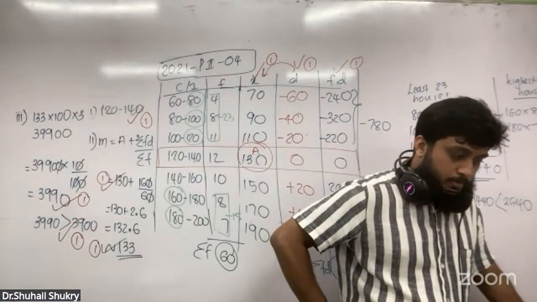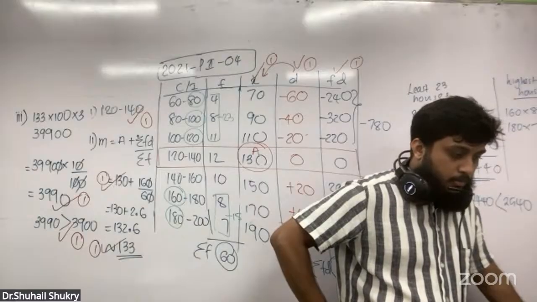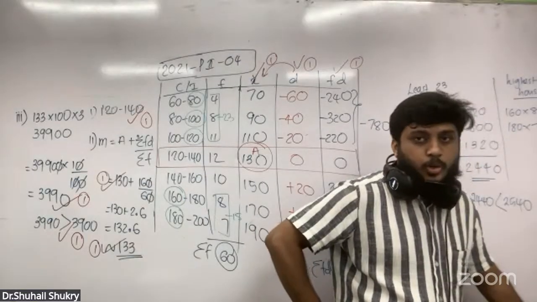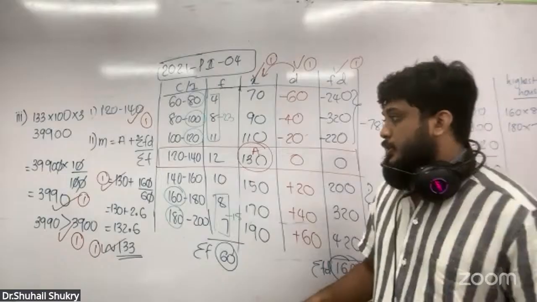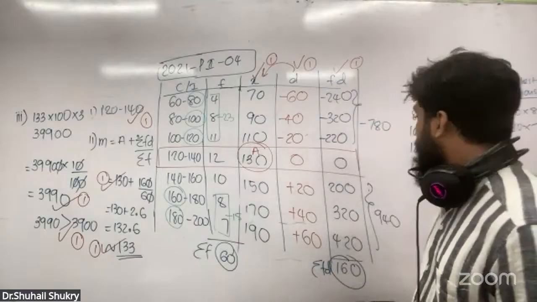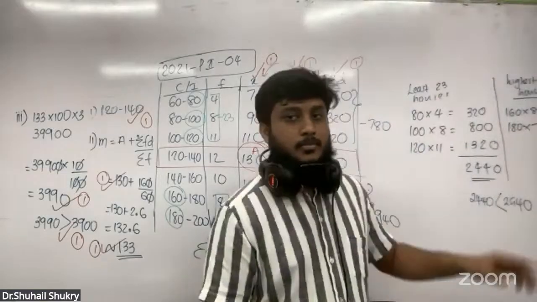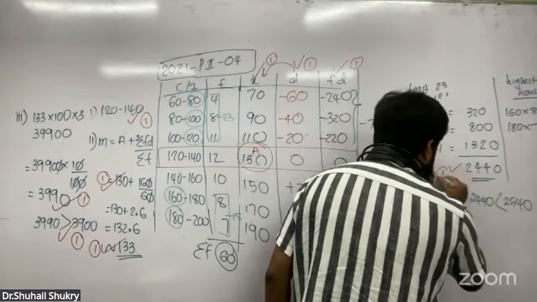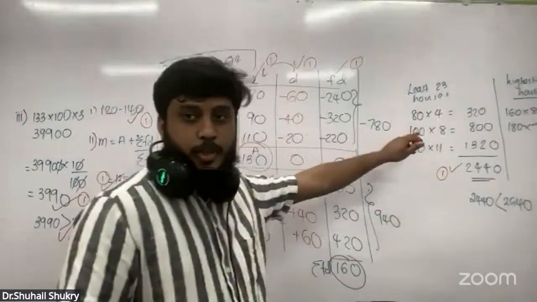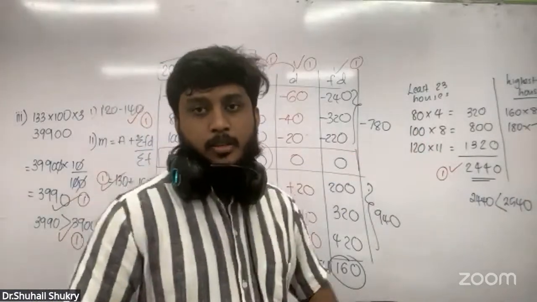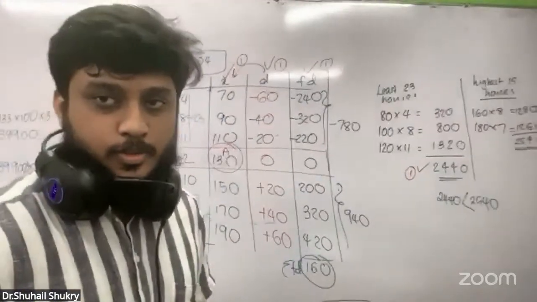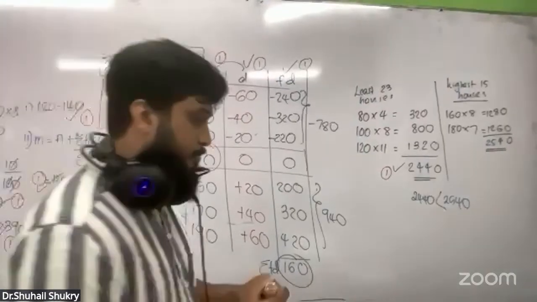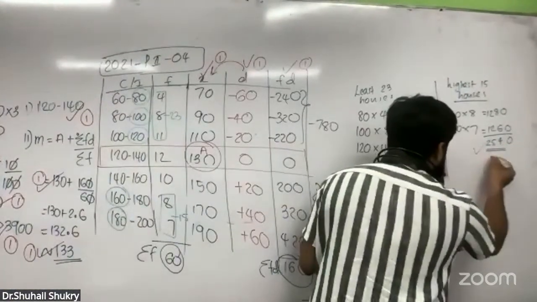Then next, you have found 2440 here. For finding 2440, they have given 1 mark. For finding 2540 on this side, they have given 1 mark.